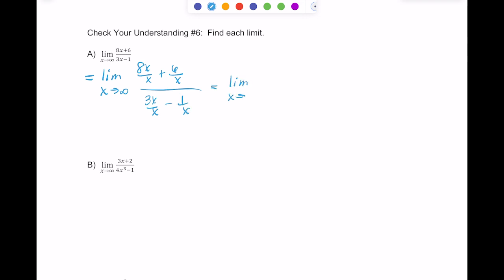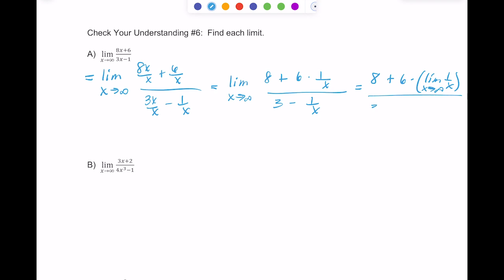So I have the limit as x approaches infinity of 8 plus 6 times 1 over x over 3 minus 1 over x. And then we're going to apply our limit rules. So we know the limit of 8 is just 8. And then I have 6 times the limit as x approaches infinity of 1 over x.